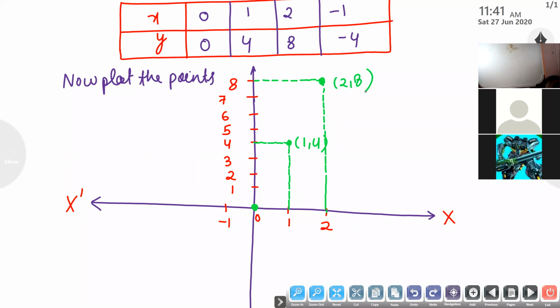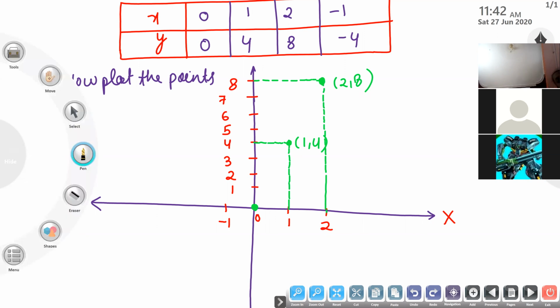Next point, the value of x is -1. The value of y is -4. -4 means down.